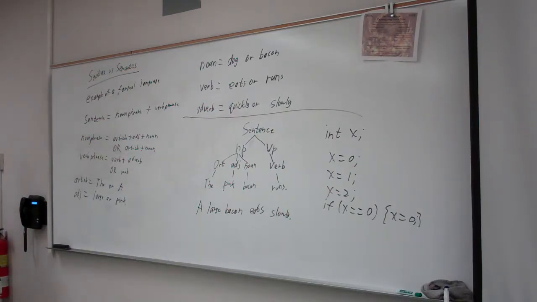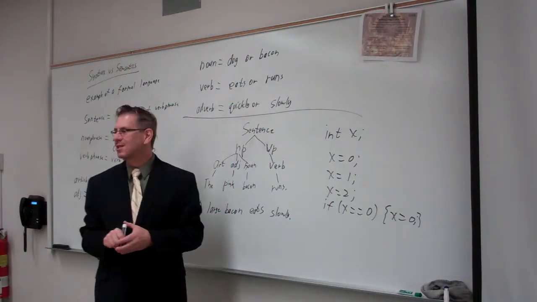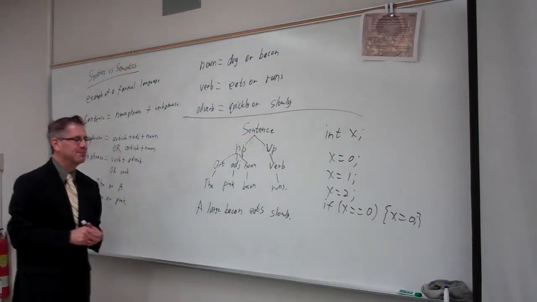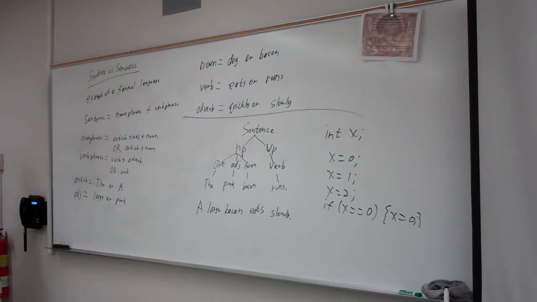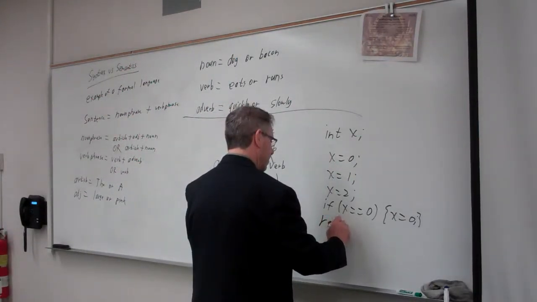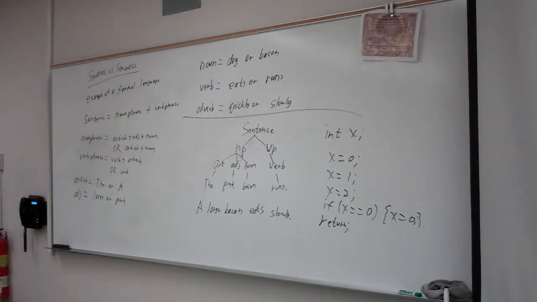The compiler will look at that and say, thumbs up. But semantically, it's gibberish. This does nothing except set x equal to 2. And then we don't do anything with x. We might just return at this point. Okay, so we're going to be looking at ways of specifying languages in terms of their syntax. We're not going to be worrying about meaning for now.